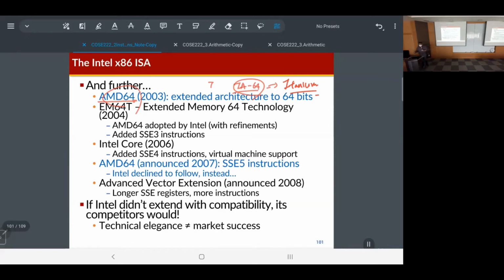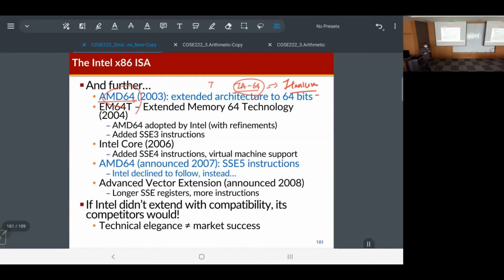Intel tried to make very simple processors, and with compiler optimization, Intel believed that applications could exploit these simple architectures efficiently.